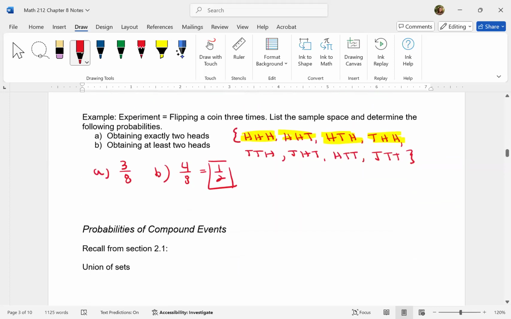All right. So this steps us into probabilities of compound events. This is kind of where it gets a little bit more complicated. To do that, we're going to review briefly from section 2.1 when we talked about sets. The union of sets is when all members of 2 sets are combined.